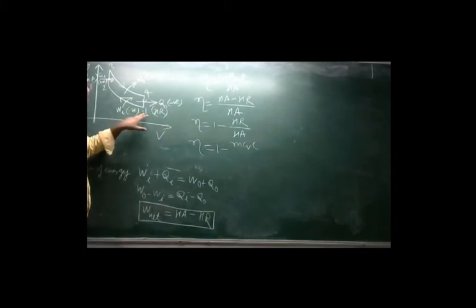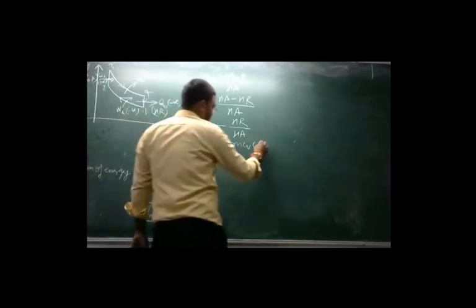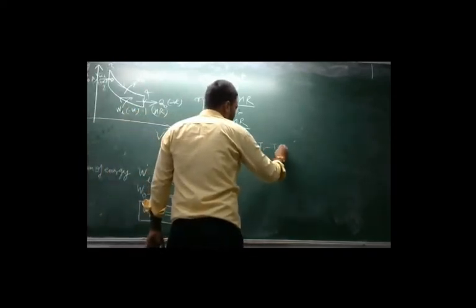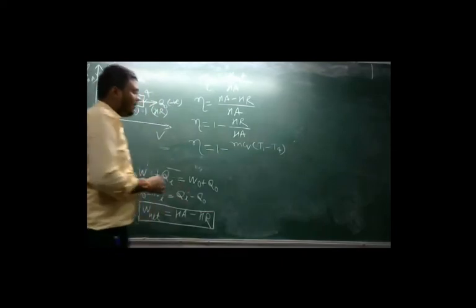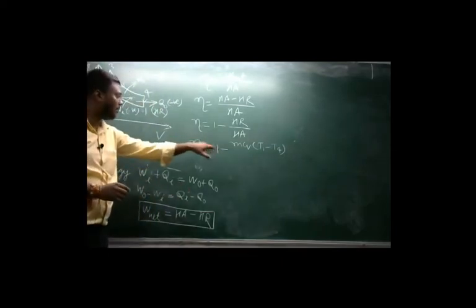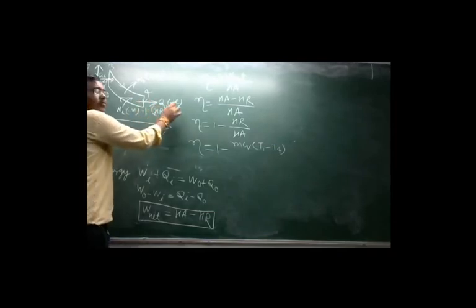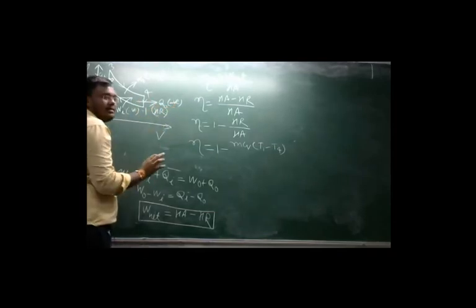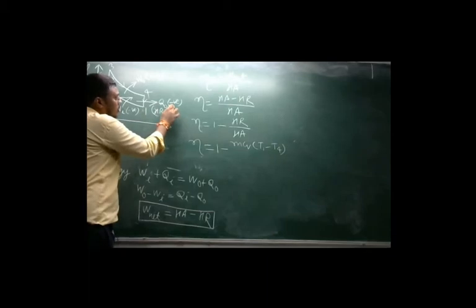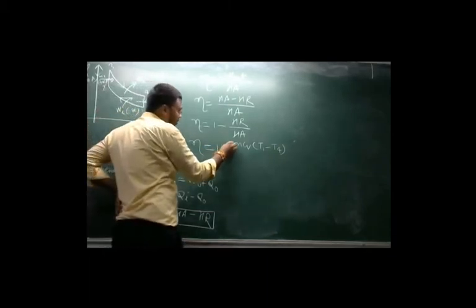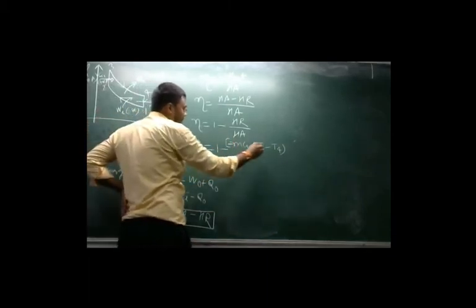Final is T1 and initial is T4. So we can say T1 minus T4. This will be the formula for heat rejection. But as I said, according to sign convention, heat rejection should be negative. So this value should be negative because it is heat rejection.